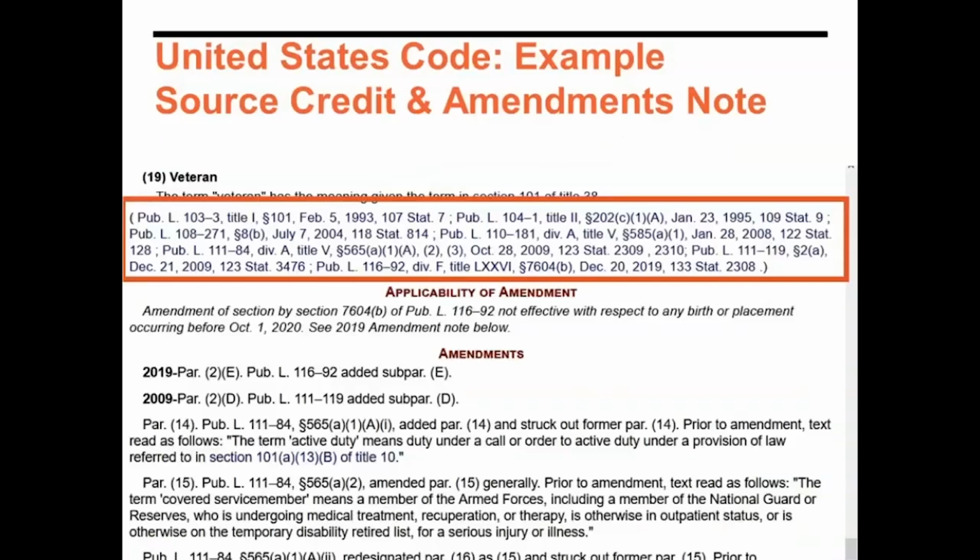There are those source credits that I was showing you two slides back. If there's more than one law, you know that at least some part of section 2611 was amended. But how do we know from this big jumble of citations if our particular paragraph, paragraph 11, that had the definition for serious health condition, has been amended?